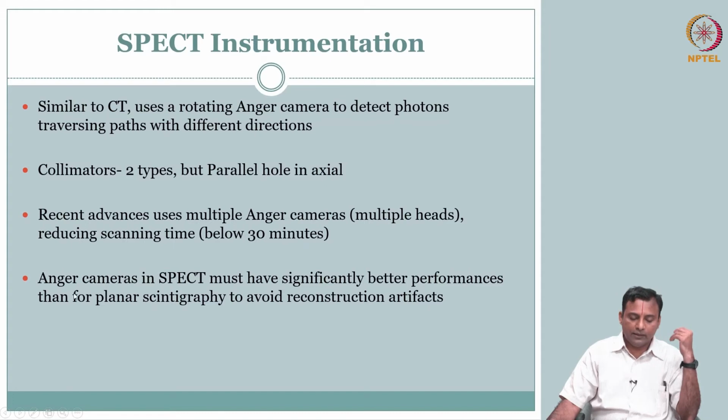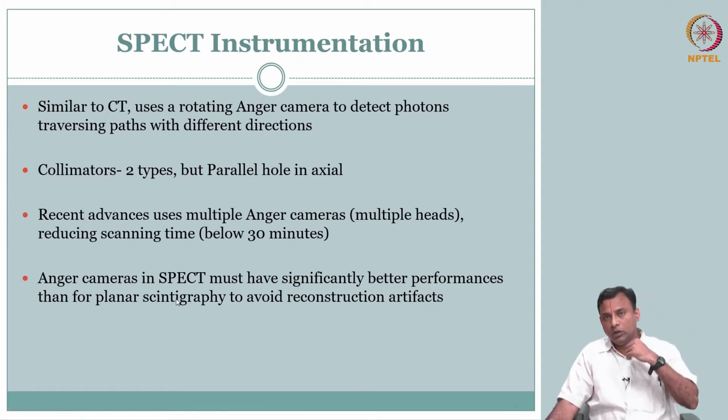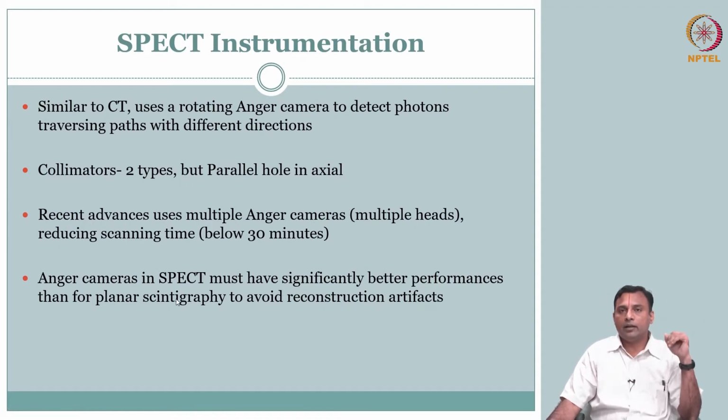Having said that, the idea here is because you are going to do the reconstruction, your camera here should be a little more sensitive, right? It has to have a little better performance than your planar scintigraphy, because you are using this as an estimate to get an unknown. You are trying to locate the source where the radioactivity is coming from.